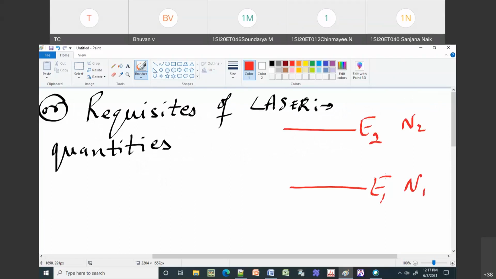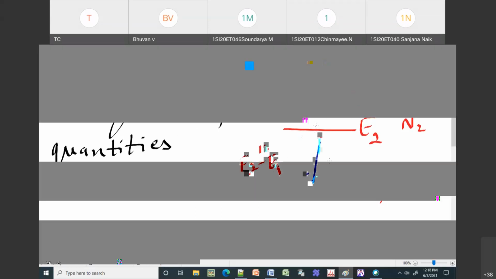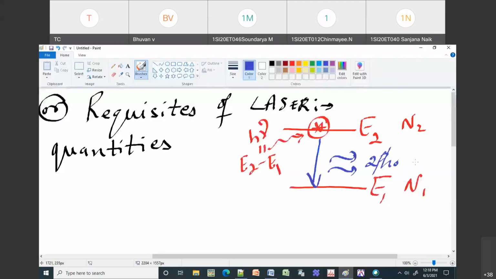This has N1 number of atoms, which is your lower energy level, and this is the population. So these two photons are said to be coherent, and then they will give amplification of light.